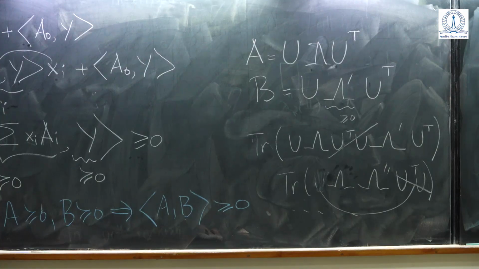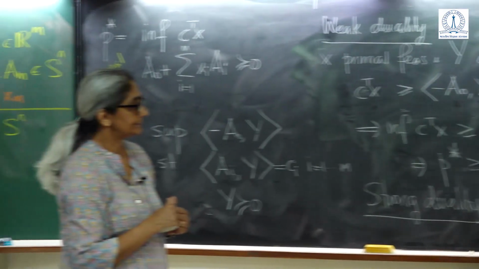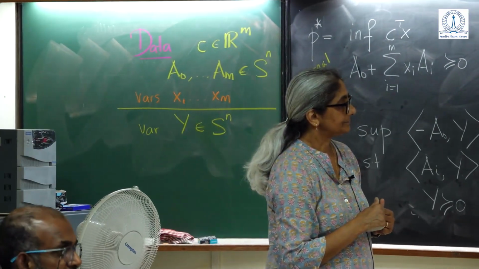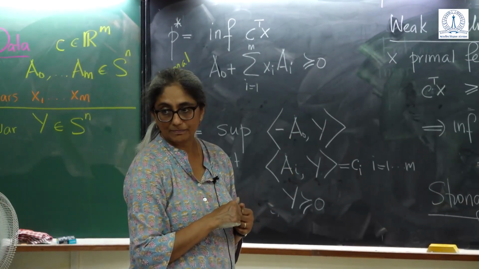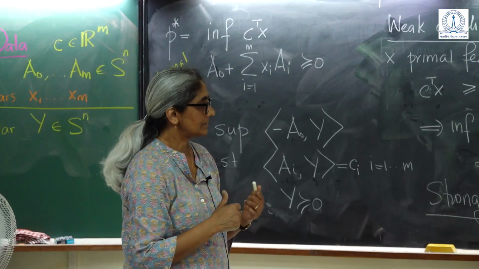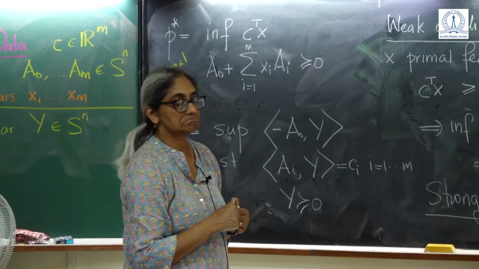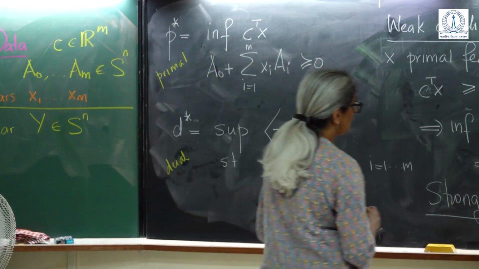How do we know that lambda prime is PSD? Oh, it's just a change of basis. Yeah, it's a change of basis, but it's not the spectral change of basis. Yeah, some change of basis. Okay, very good. Thanks for that help.